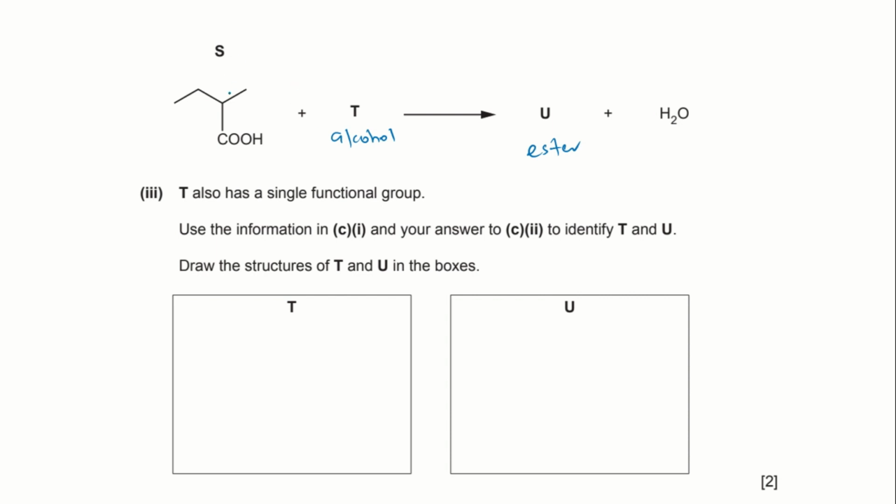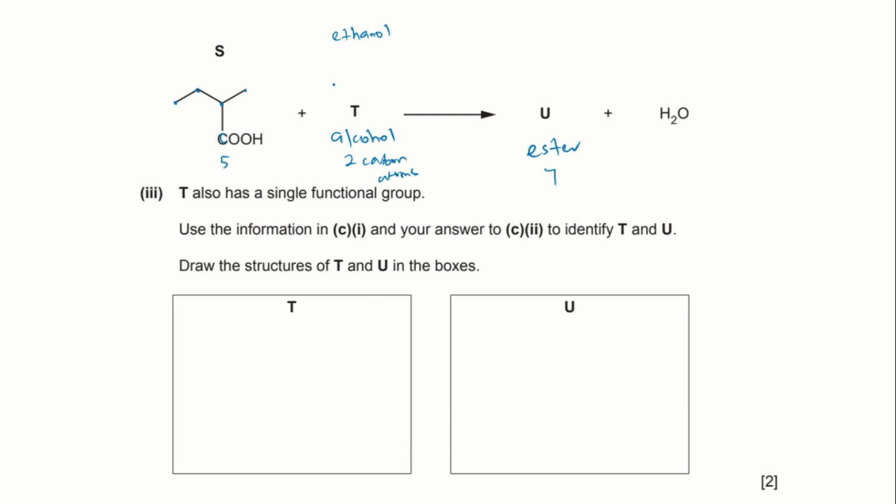Now S is a carboxylic acid with 1, 2, 3, 4, 5 carbon. U is an ester with 7 carbon, that means 2 carbon from the alcohol. T is an alcohol with 2 carbon. So T is ethanol.